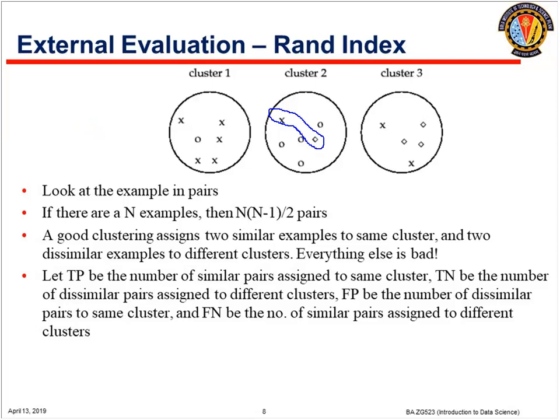So 9 is the answer. In cluster 3, how many dissimilar pairs are there in cluster 3?